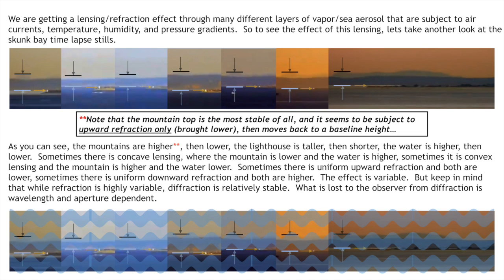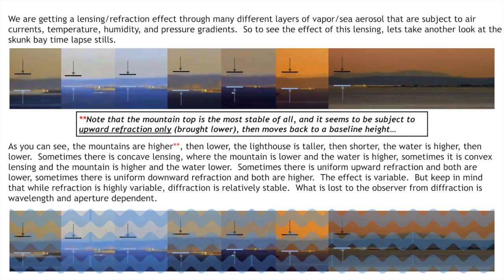So we are getting a lensing or refraction effect through many different layers of vapor or sea aerosol that are subject to air currents, temperature, humidity, and pressure gradients. So to see the effect of this lensing, let's take another look at the Skunk Bay time-lapse stills and just outline or mark out some of the landmarks. So we'll mark a building, and we'll take some still shots of the time-lapse.